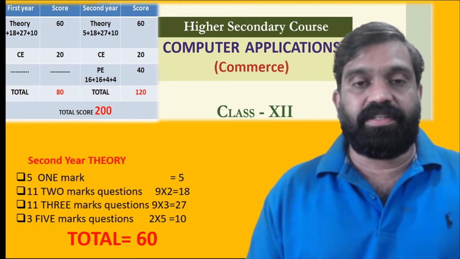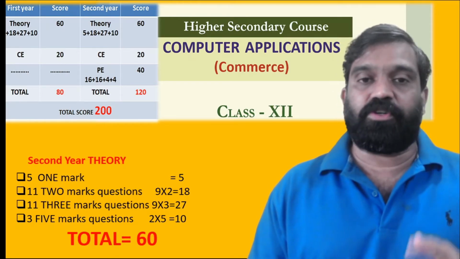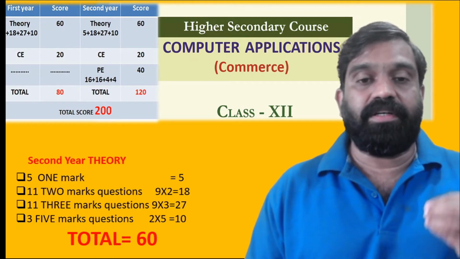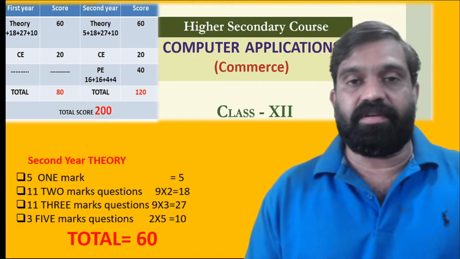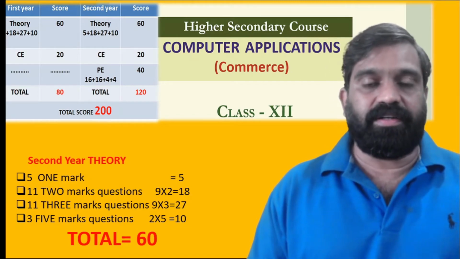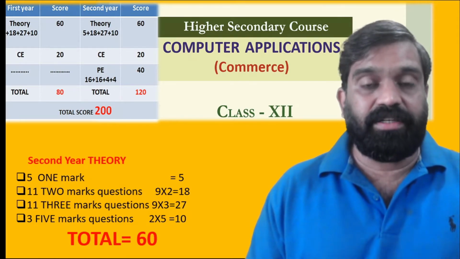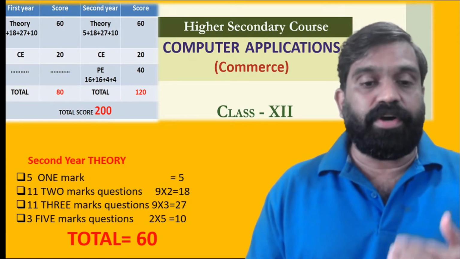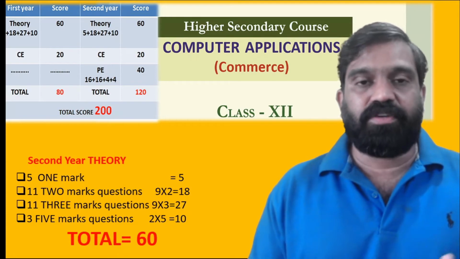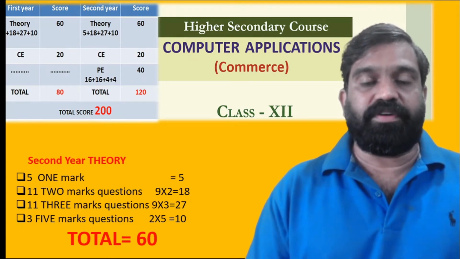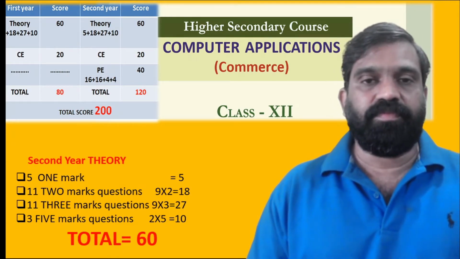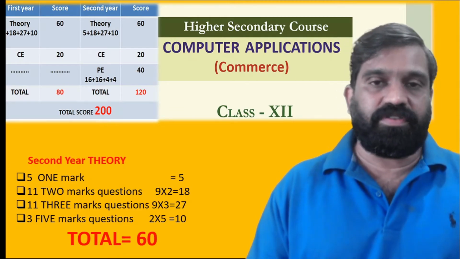We can attend 9 three-mark questions, so in total you can bag 18 marks. And we have to attend 2 five-mark questions, meaning 10 marks from essay type. So the total mark for the second year theory examination is 60.